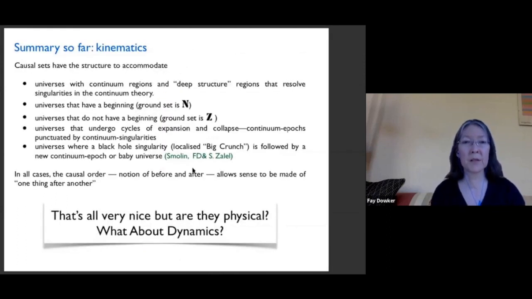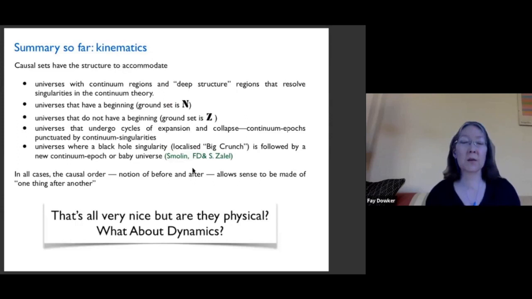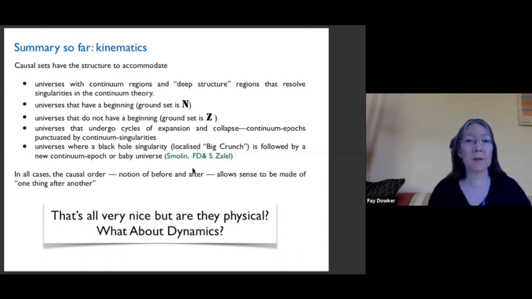Okay, so let me summarize so far. I've just talked about kinematics, just causal sets that you could just write down. Well, not the infinite ones, but the causal set paradigm has a structure to accommodate universes with continuum regions and deep structure regions that resolve singularities in the continuum theory.